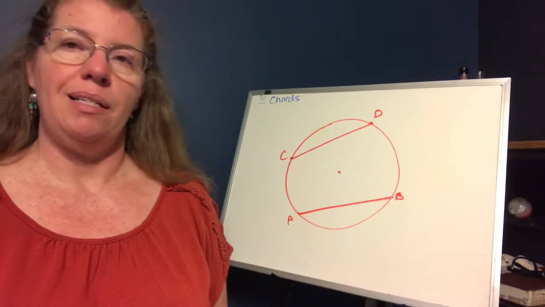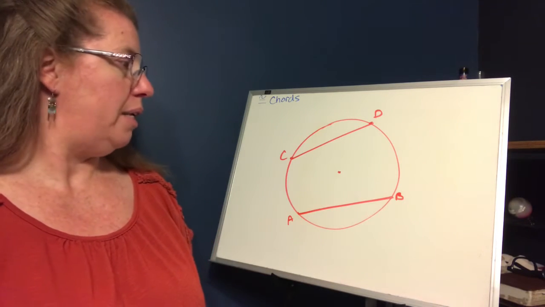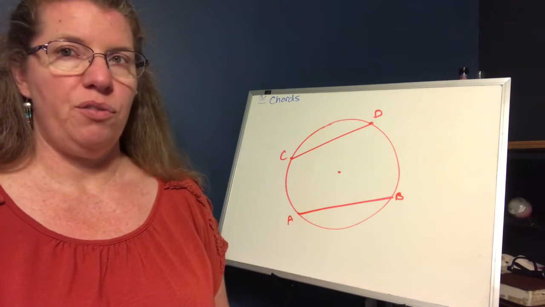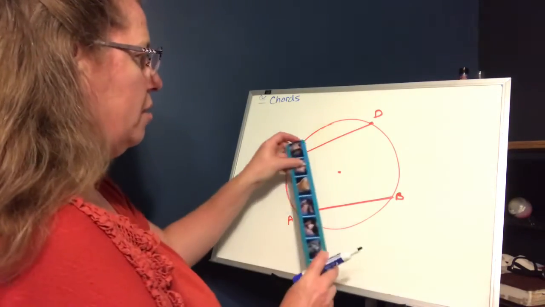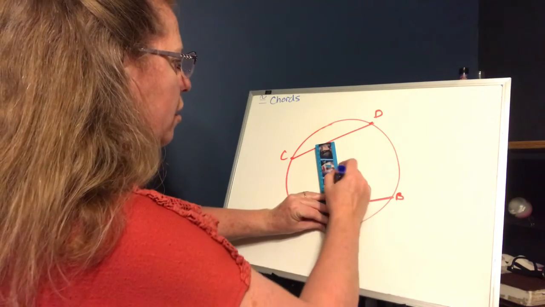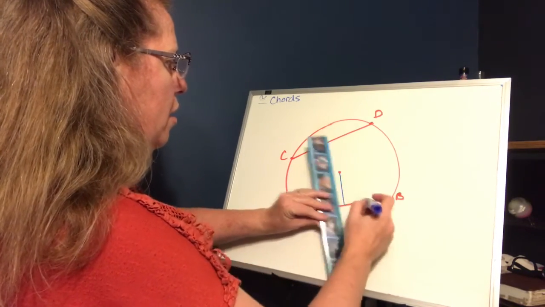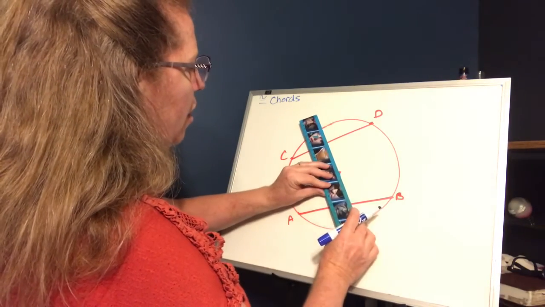We're going to find the distance that the chord is from the center point. Now, if you remember, when we find the distance from a point to a line, it's always going to be the perpendicular distance. So we're going to draw a line from our point here, hopefully perpendicular, and do the same thing here.